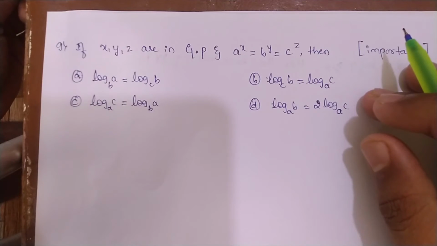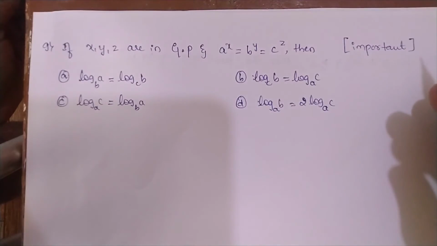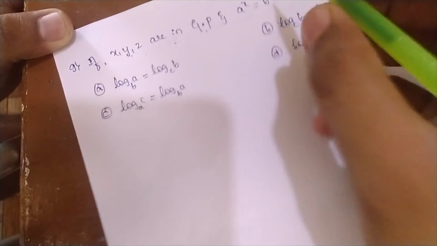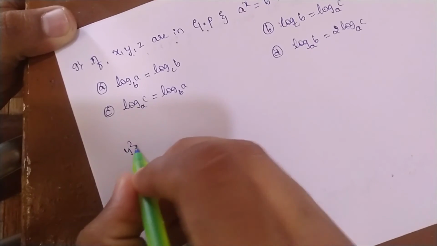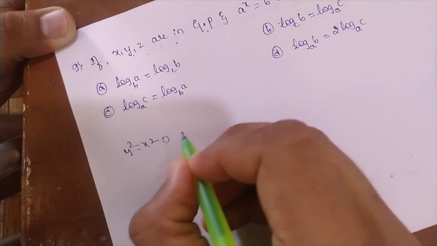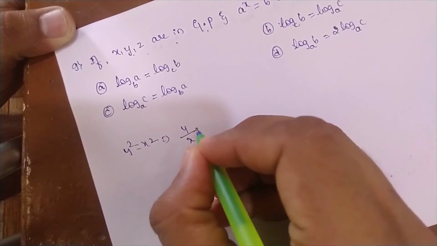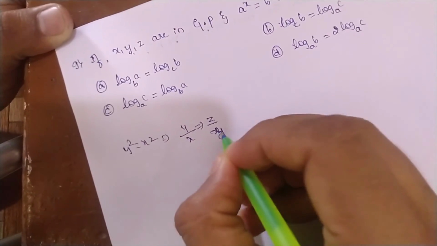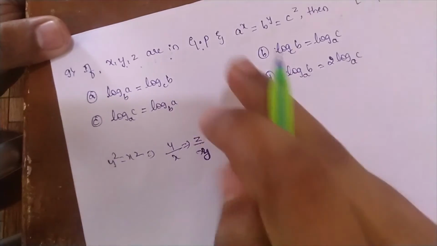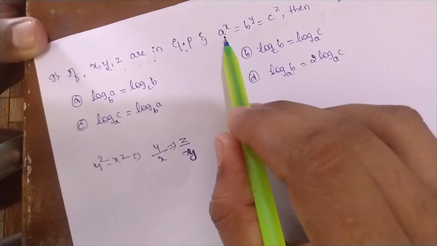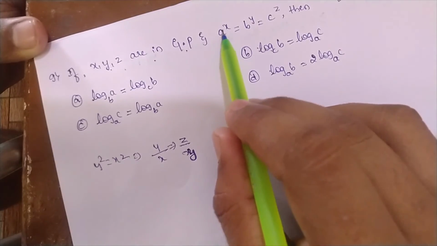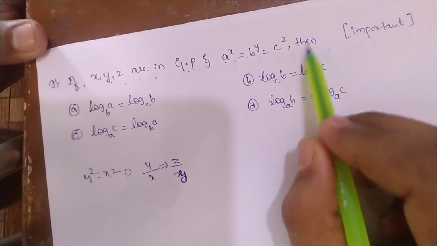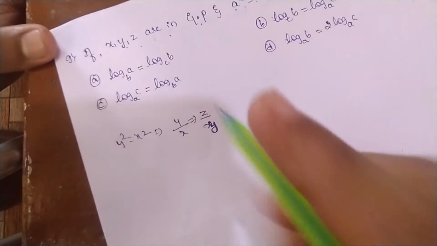Take this. This is a standard question. If x, y, z are in GP, so GP means y squared equals xz, which equals y by x equals z by y. So this is the meaning of GP. And a power x equals b power y equals c power z, then which of the options is true?